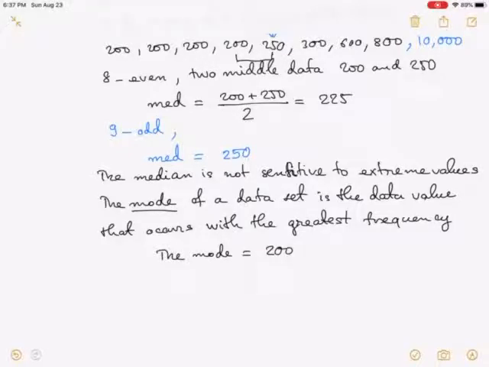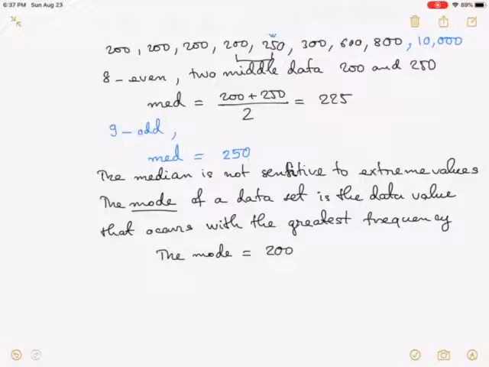It may happen that no value occurs more than once, in which case we say that there is no mode. If more than one data value occurs with the greatest frequency, then we would say that there is more than one mode.